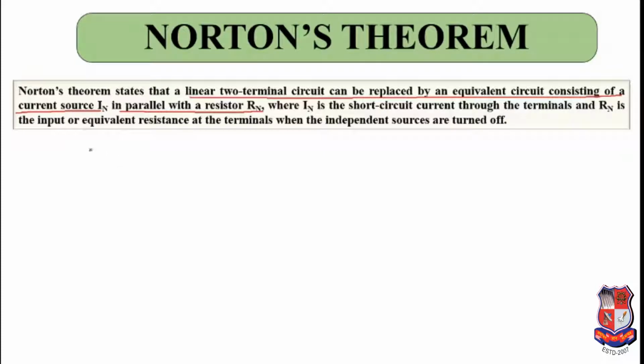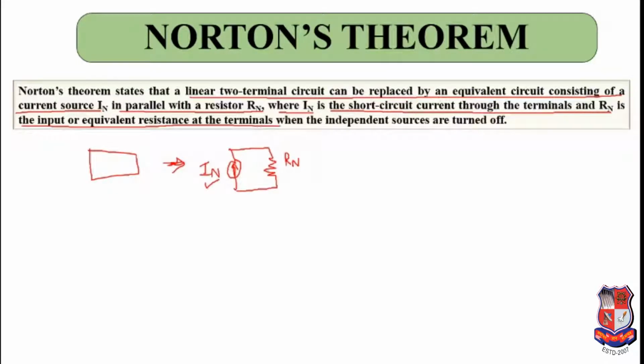So for a given linear circuit, this whole linear circuit can be replaced by one Norton's current source IN and one Norton's resistance RN, where IN is the short circuit current through the terminals and RN is the input or equivalent resistance at the terminals when independent sources are turned off.